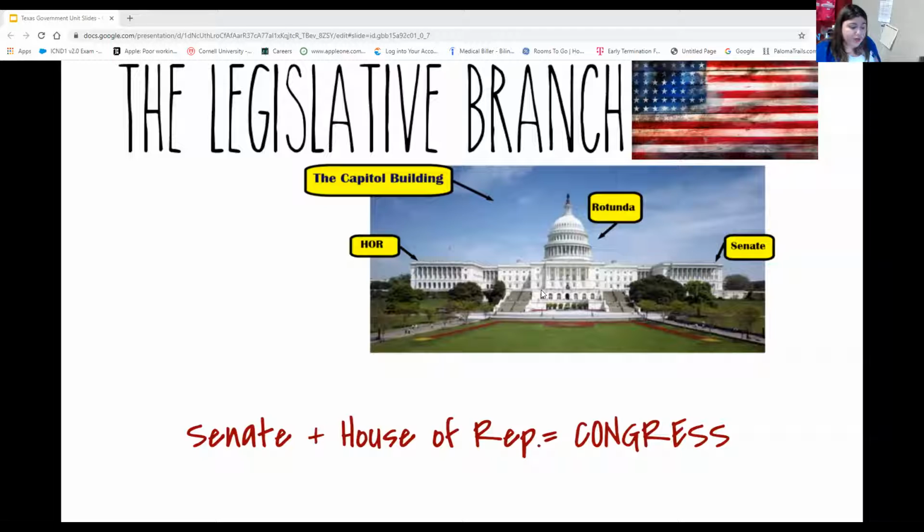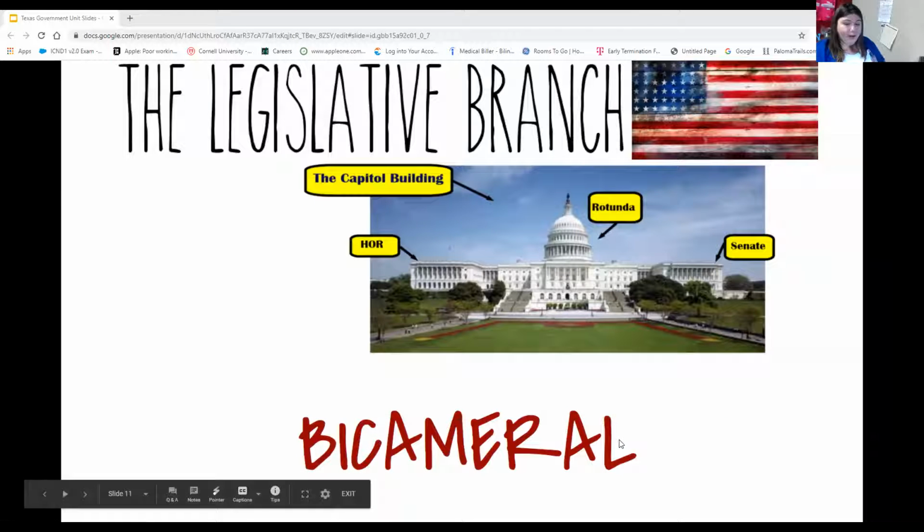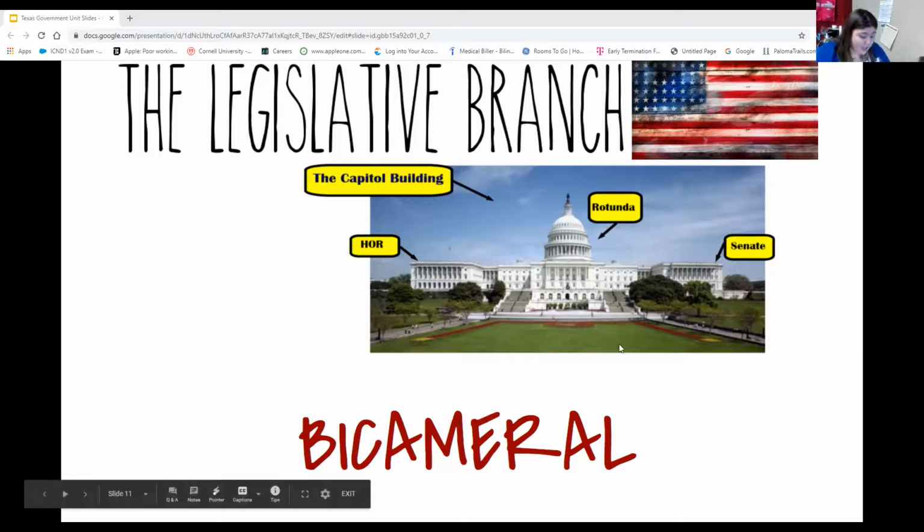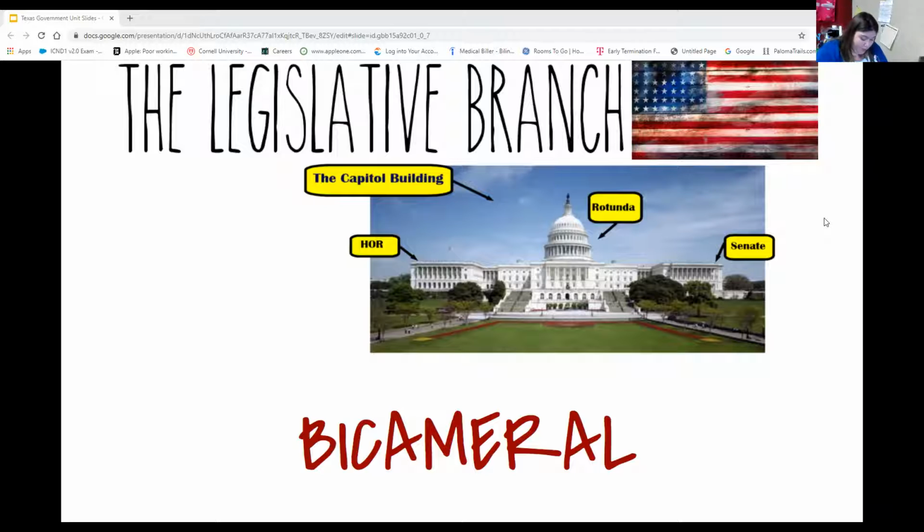So the Congress is a bicameral Congress, which means it's made up of two houses. So inside your notes, in the federal level, you should be writing down the legislative is bicameral.